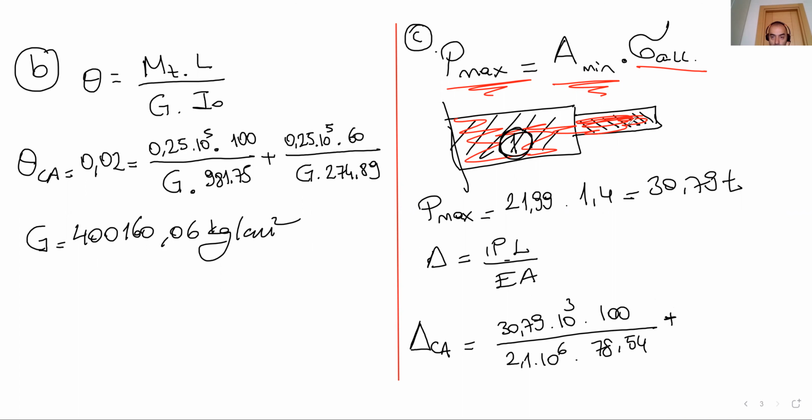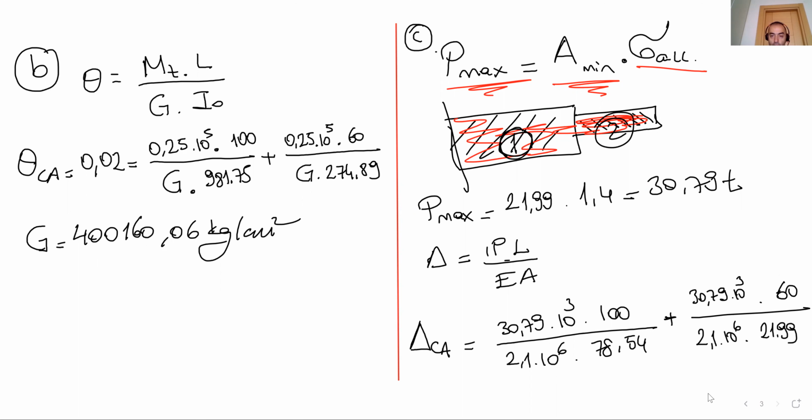Let's have a look at portion 2. Axial force times length is 0.6 meter, 60 centimeter. The elasticity modulus is the same, the material is the same, so the area is this.